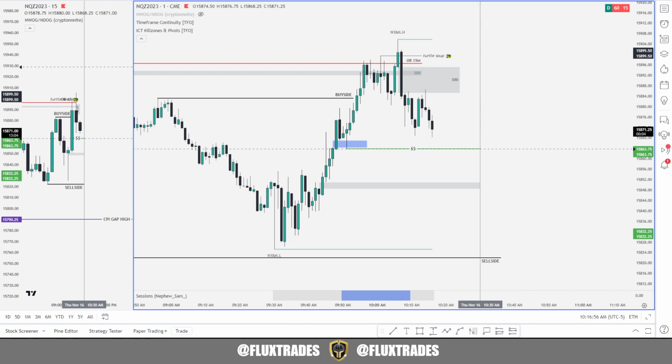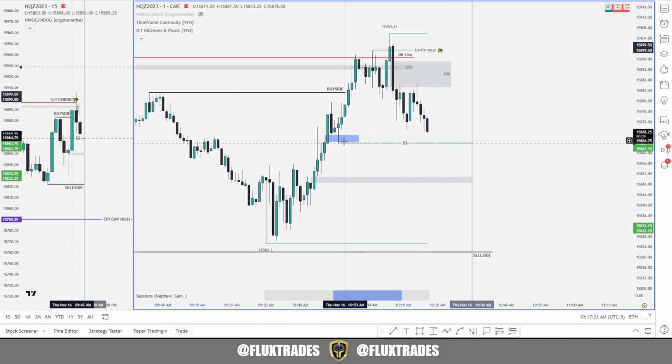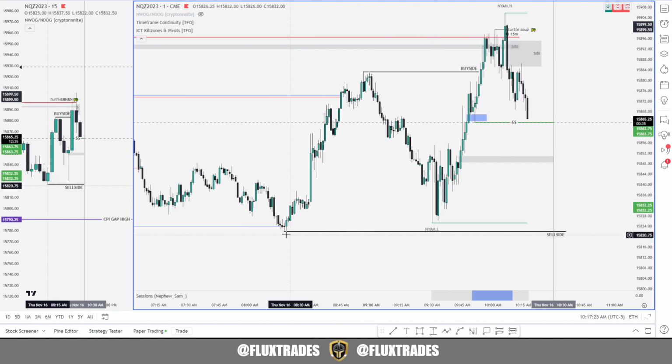That's why you're targeting that low-hanging objective, because ICT states you want to target those low-hanging objectives, whether it's sell side imbalances. The reason why is because if you see those rejections, sometimes it can stop you out if you're trailing your stop inefficiently. So here is the short-term sell side. So you could be looking at a partial here, partial obviously at the sell side. Not this one, but this one down here.